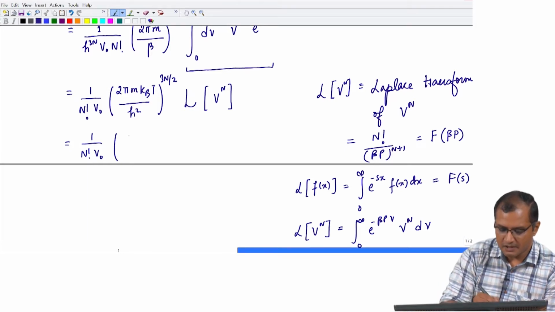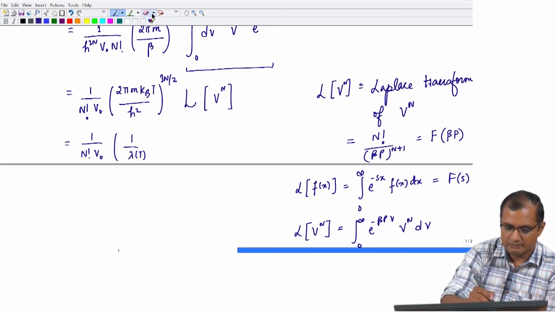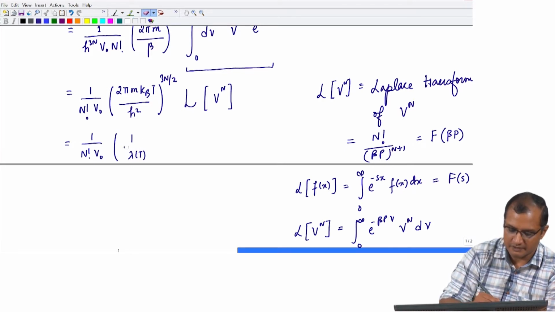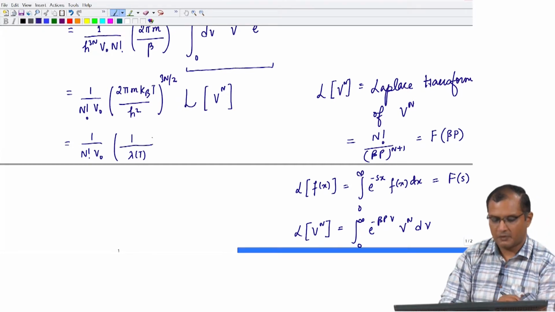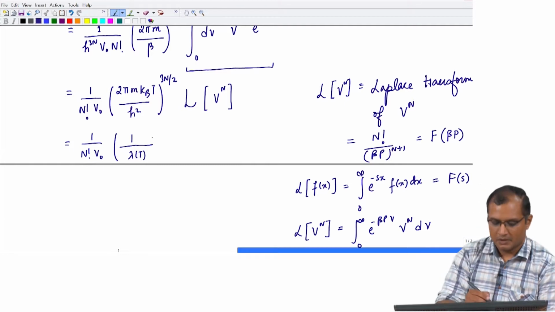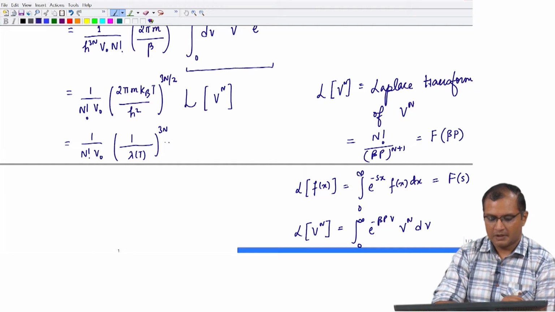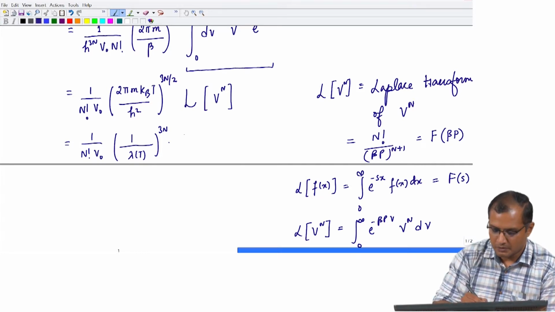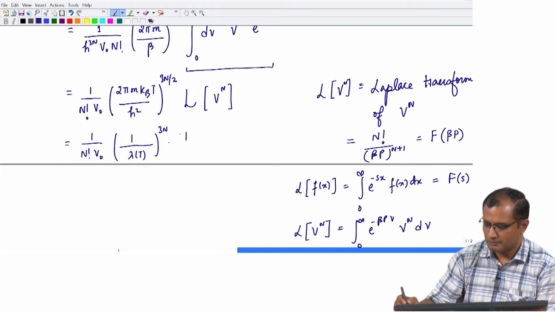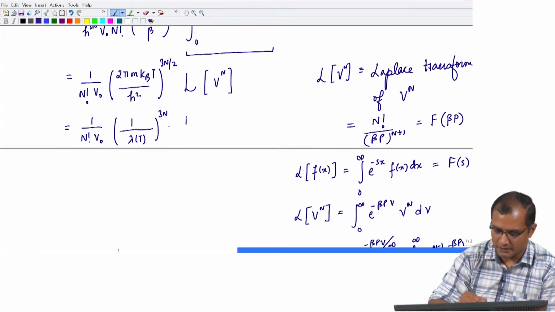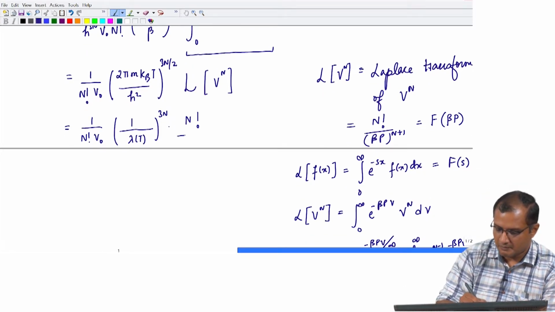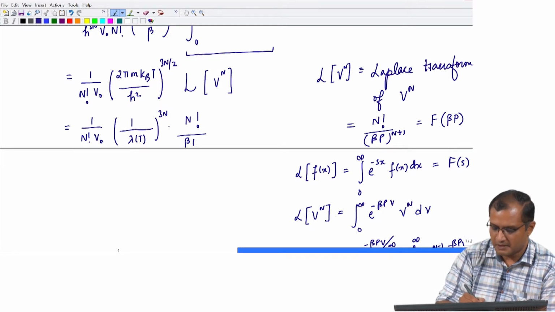So, I am going to write it as 1 upon our de Broglie wavelength, the temperature dependent wavelength, lambda, to the power 3n into n factorial divided by beta p to the power n plus 1.